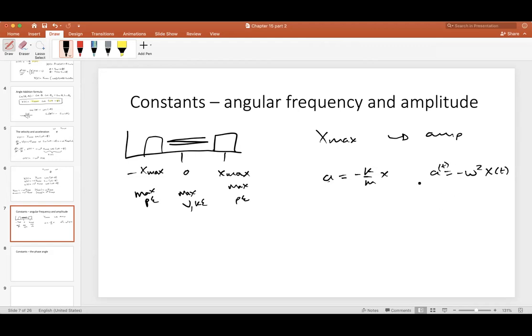Therefore, just by inspection, we see that omega squared is k over m, and omega is the square root of k over m. So those two things are known, right? Those are easy to figure out. Usually I'll show you what to do when you're not just given k or m or x max, but for the most part, you can figure out what those are.